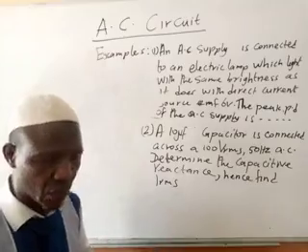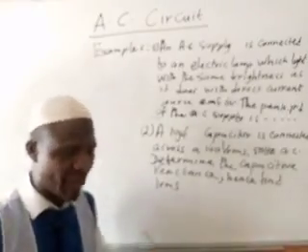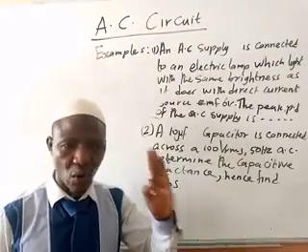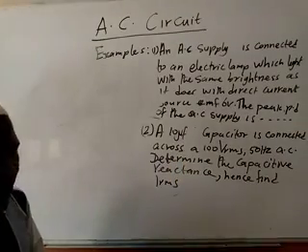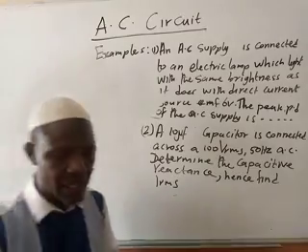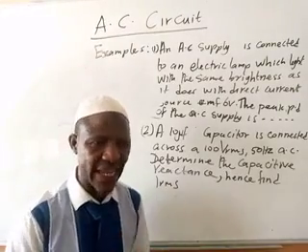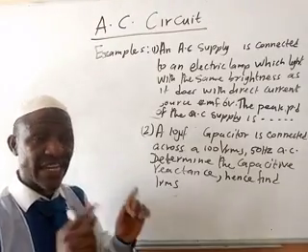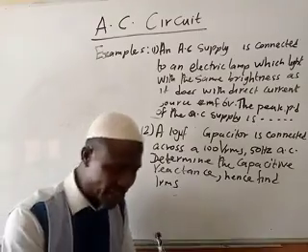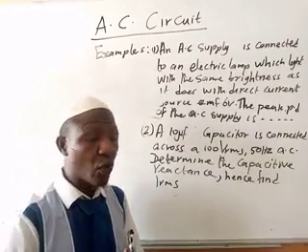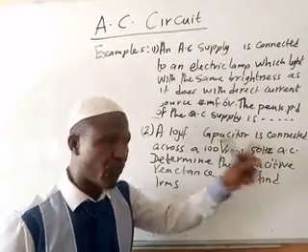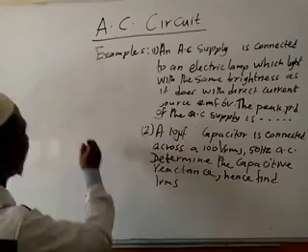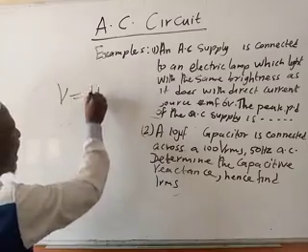So we have an inductor, then we have a capacitor. Therefore, we have three things that can oppose the flow of current in an AC circuit. Then, in an AC circuit that contains only a resistor, the voltage and the current are going to be in phase. That is, they are going to follow Ohm's law, that says V is equal to IR.